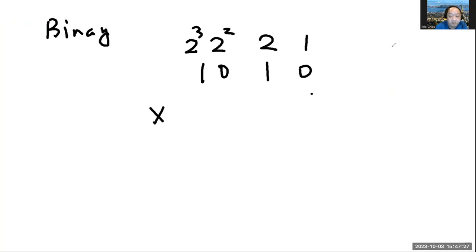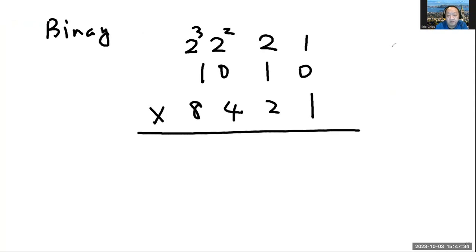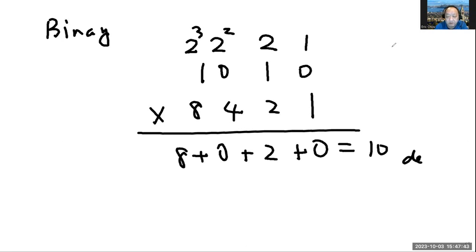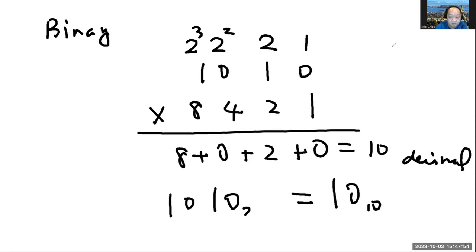So we times 1, 2, 4, 8. This ends up with 0 plus 2 plus 0 plus 8. This is 10 in decimal value. So now we write 10 and 10 here, equals 1, 0, 1, 0 binary. Any questions so far?